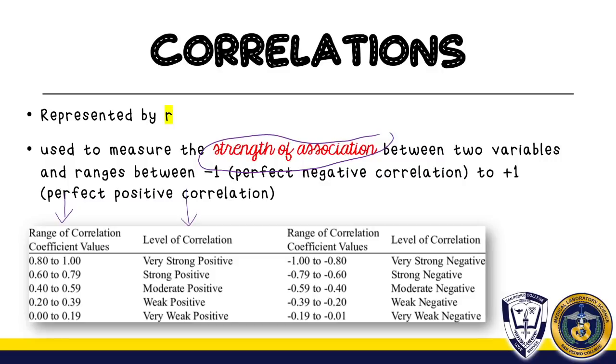The correlation coefficients here are indicators of the strength of the relationship between your two different values. It is very important that we also look at the sign, whether it is negative or positive, and not just the actual value, because that would differ in how we state our level of correlation. So whether it is strong positive or moderate negative, we need to emphasize that. And of course, you need to memorize this.